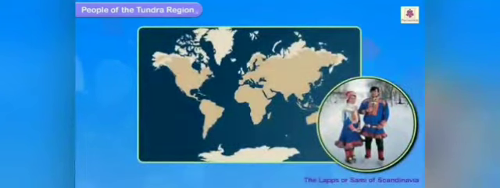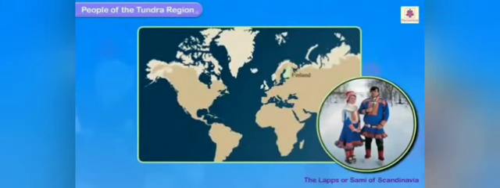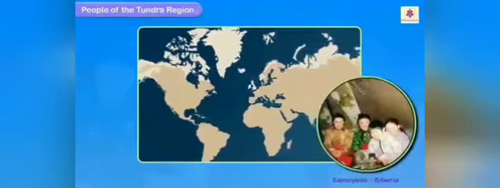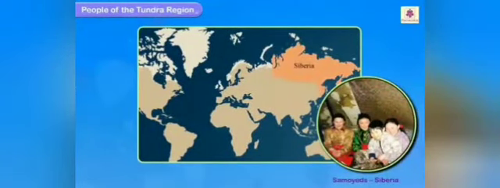The Lapps or Sami of Scandinavia inhabit the countries of Finland, Iceland, Sweden, Norway and Denmark. The Samoyeds belong to the region of Siberia.